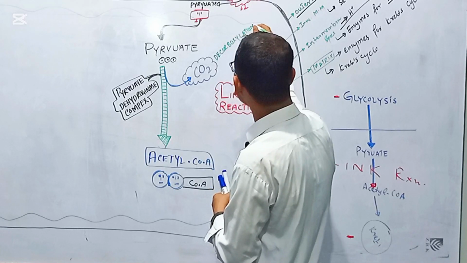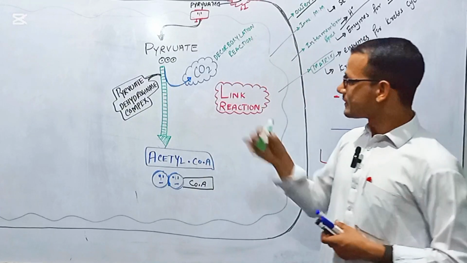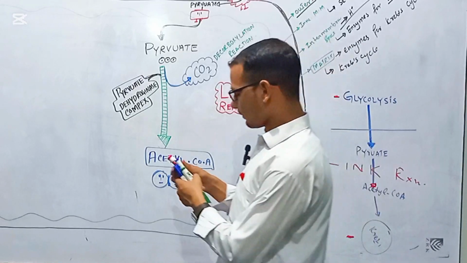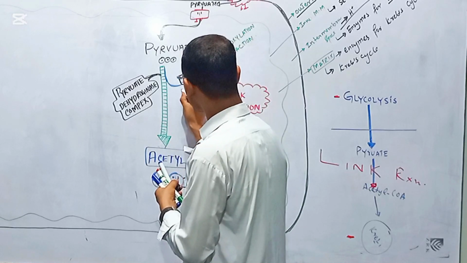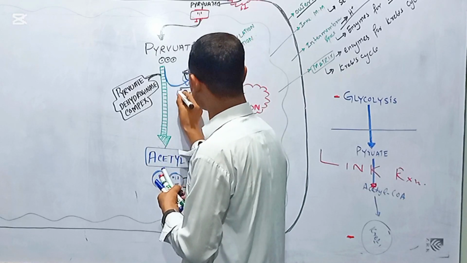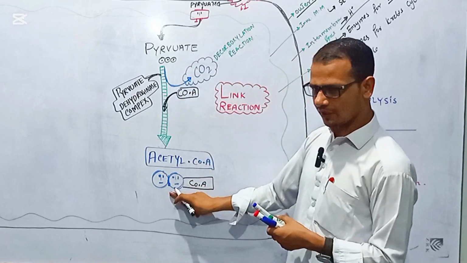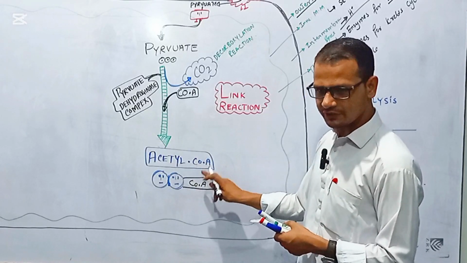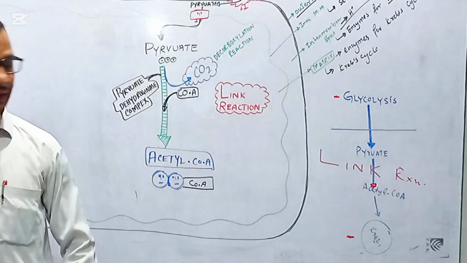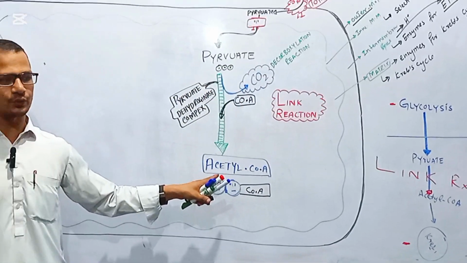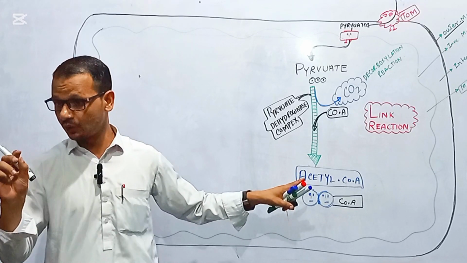Decarboxylation reaction, right? Second thing, a coenzyme A is added to this reaction, and it will react with the two carbon compound acetate and will form acetyl coenzyme A. Remember, in neuronal cell, this acetyl will react with choline and will form acetylcholine at the ends of neurons, right?